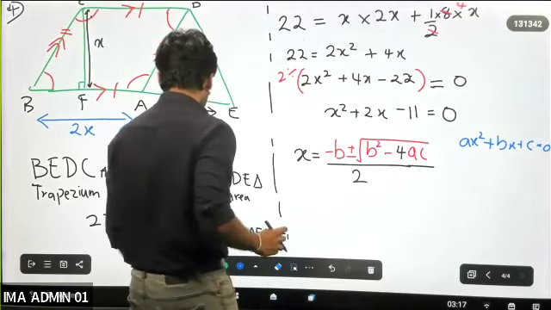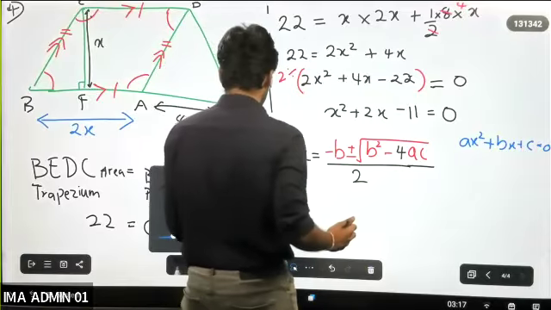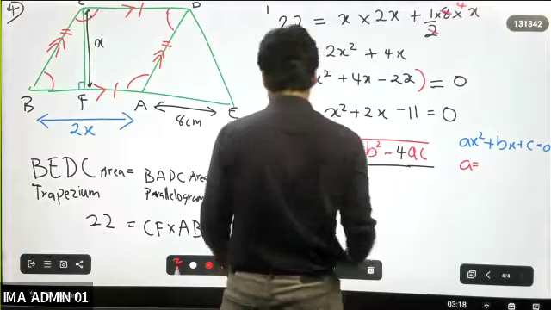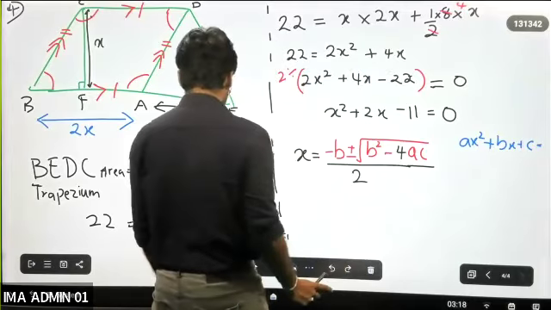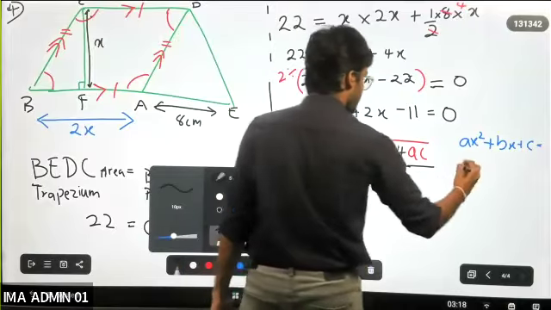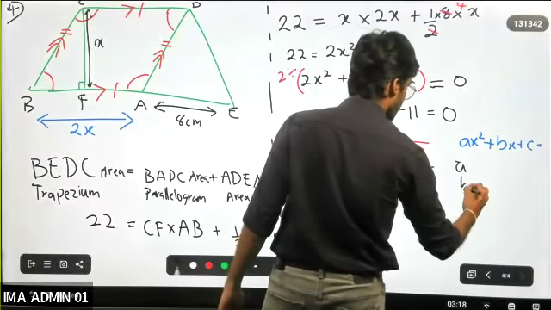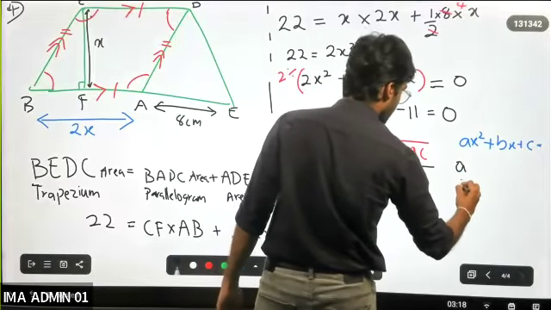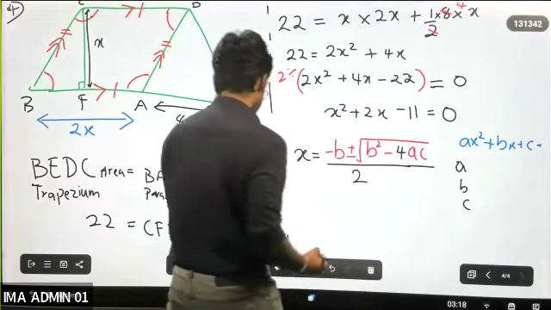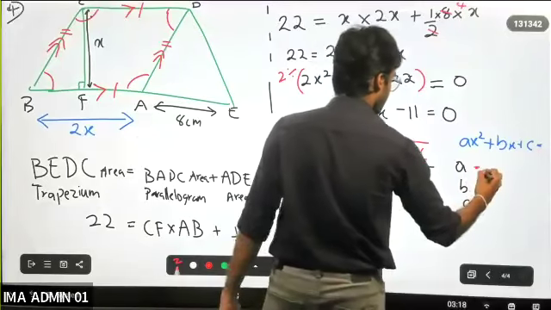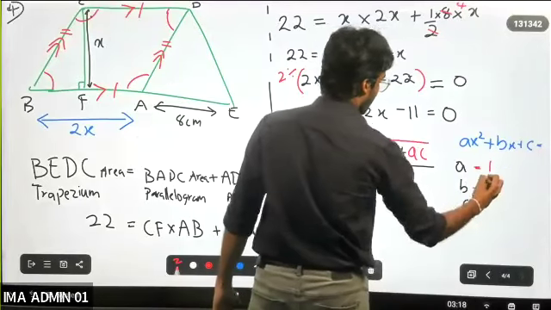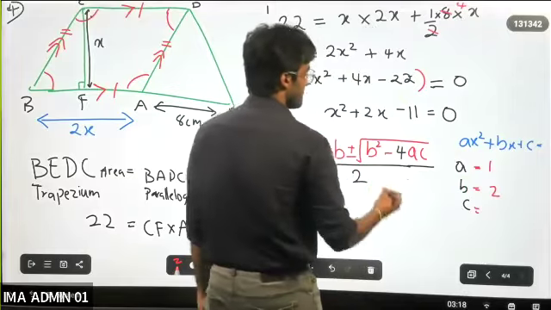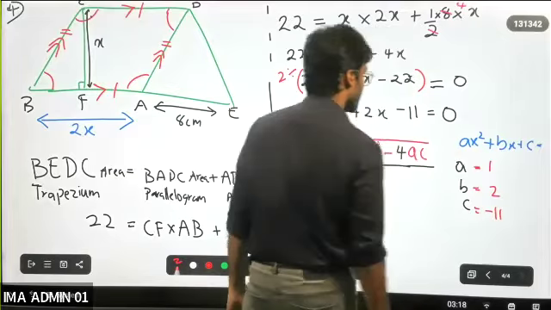According to the above, I will note a, b, c here. What's the a of this? 1. b is 2. c is minus 11.